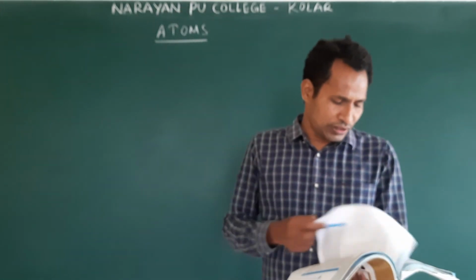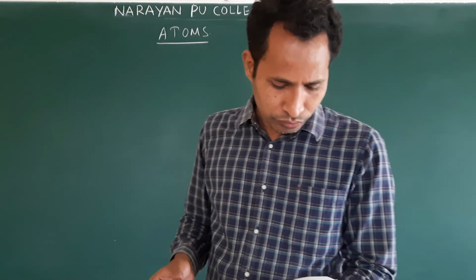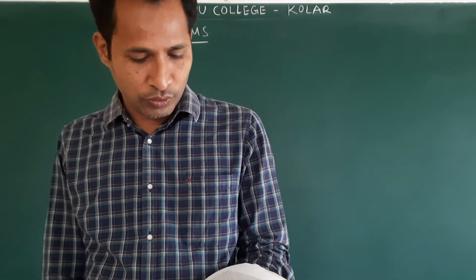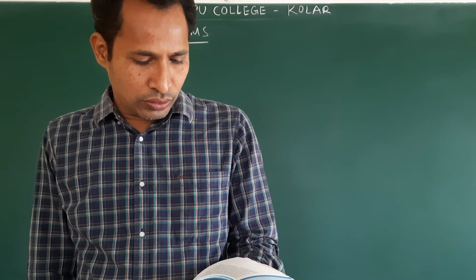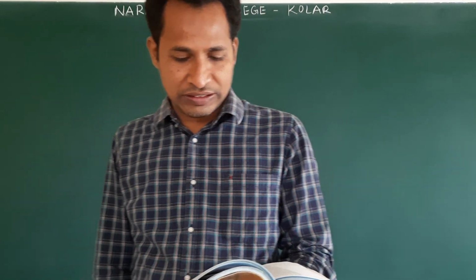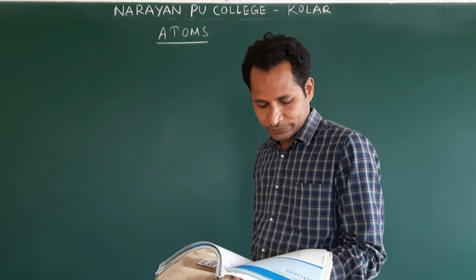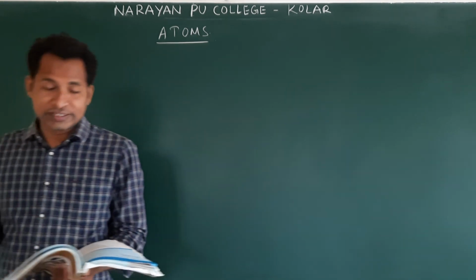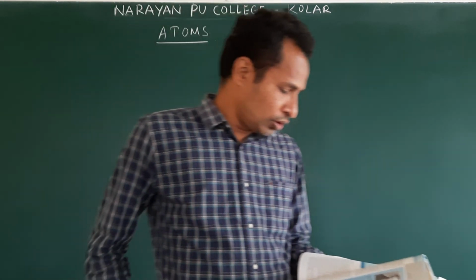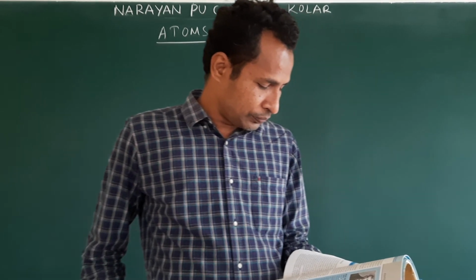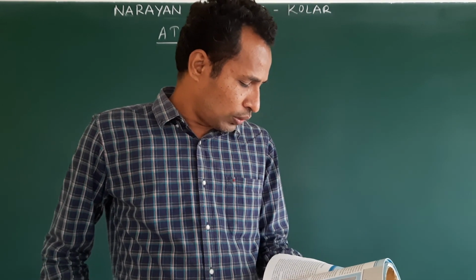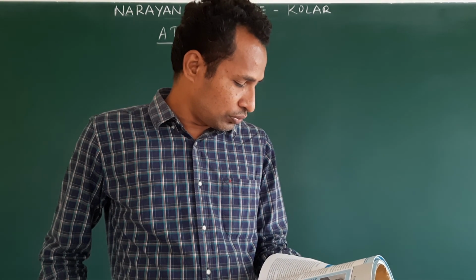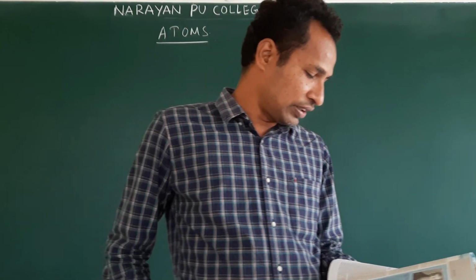Now first, it goes to the 19th century. J.J. Thomson, 1856 to 1940, introduced the first atomic model. According to him, the atom is electrically neutral.